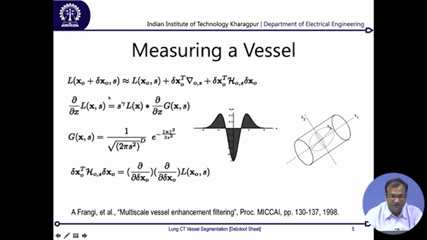This is what this first factor looks like, such that G is a Gaussian kernel. Now solving all of these together, what you would end up getting is that this Hessian which you see over here has this sort of an expansion form.